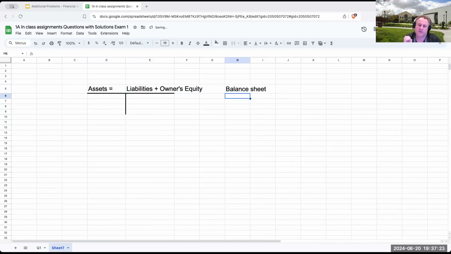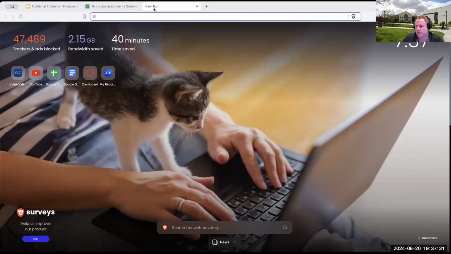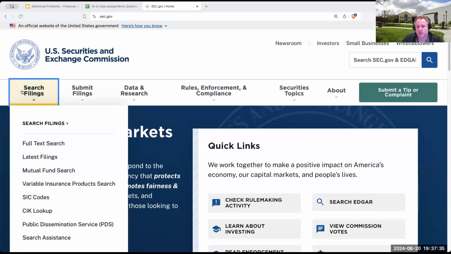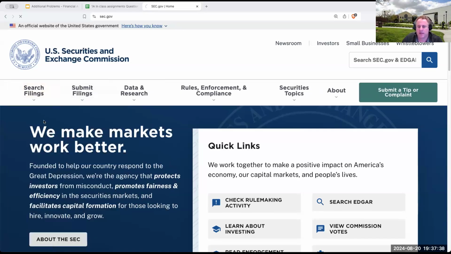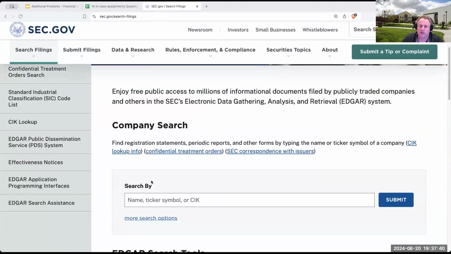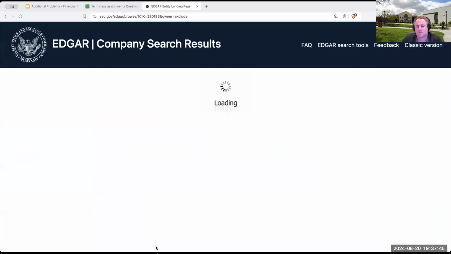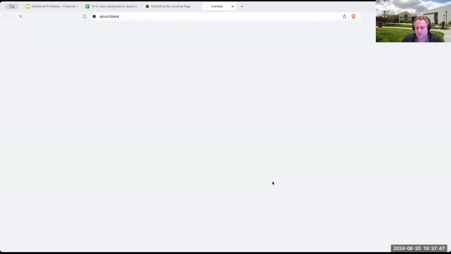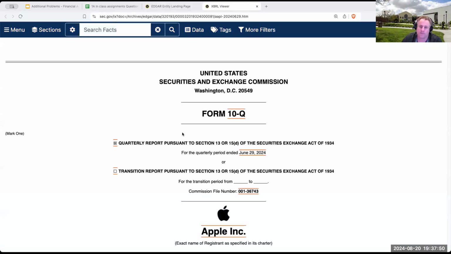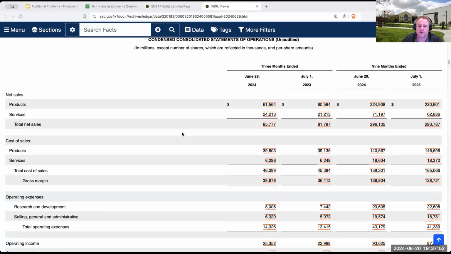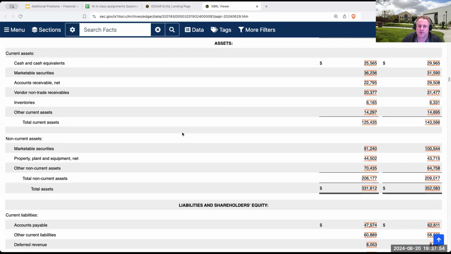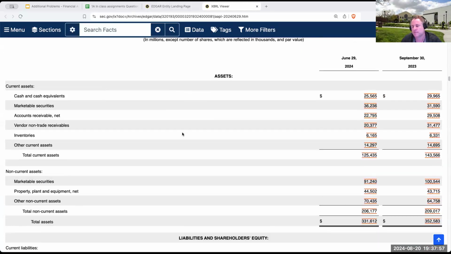If I were to look up a company, say our friends at Apple, and pull up their quarterly report, one of the first documents we should see besides their income statement is their balance sheet.